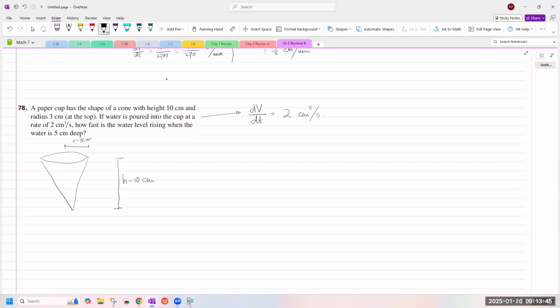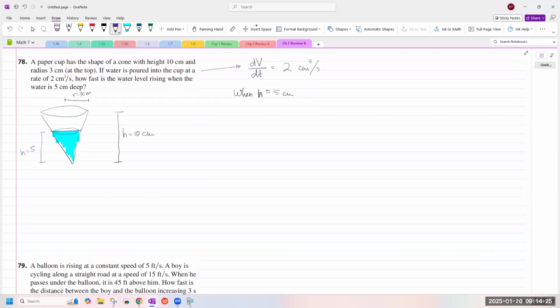So when the height of the water is equal to 5 centimeters. So let's say we have some water here, right? There's some water level there, and this is 5. Of course, the shape of that water there will be in the shape of a cone also. Is it right? But at that height, the radius will not be 3 centimeters.